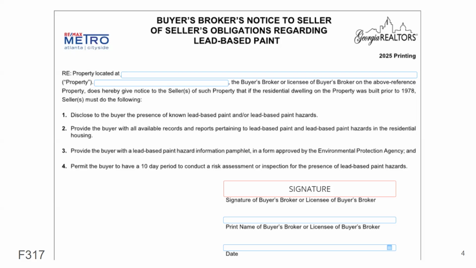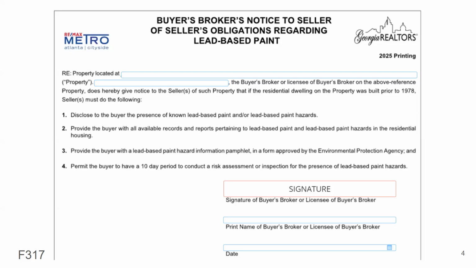On every transaction on a property built prior to 1979, per Christie's comment, which I think is probably the safe way to go, you should have both of these forms in your file if you're the listing agent, because as the listing agent, you've given it to them. And then in theory, the buyer's agent is going to have included one with the contract. Now, we all know that most agents are not going to do this. As Marcy pointed out, it's not happening. But you, as better agents, need to include this buyer's broker notice to the seller with your offer. Go ahead, Robin.